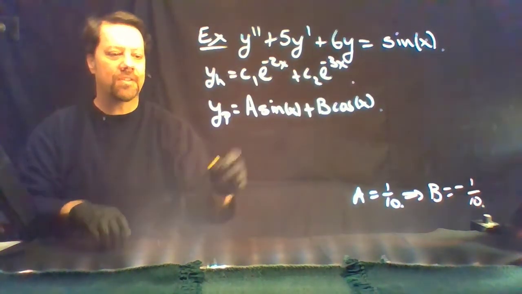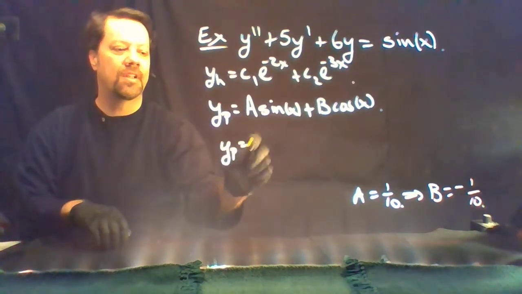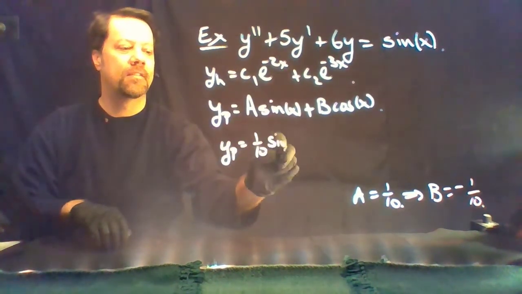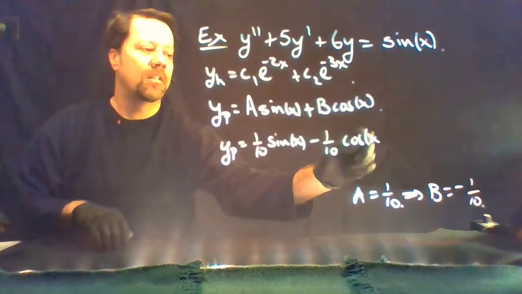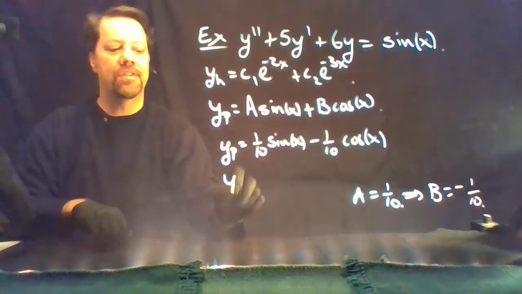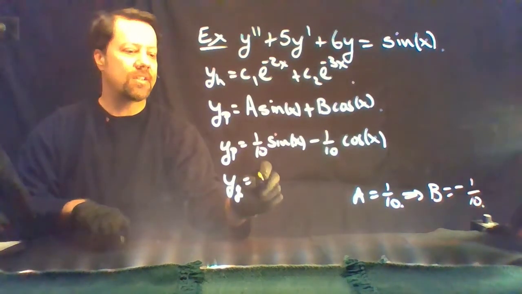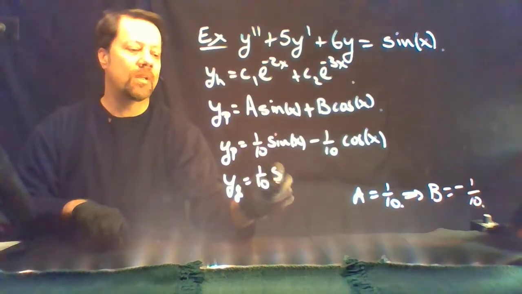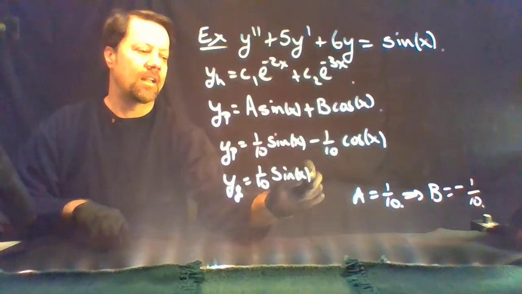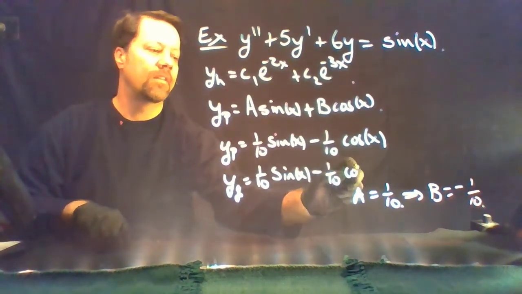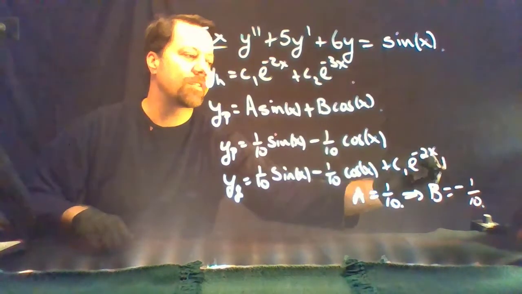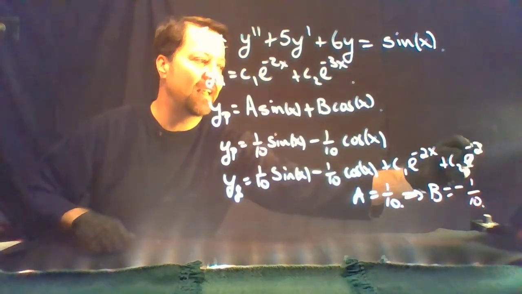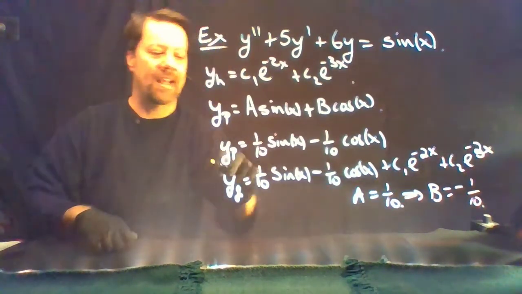It follows then that our particular solution is 1/10 sine of x minus 1/10 cosine of x, and then the general solution is the particular solution, 1/10 sine of x minus 1/10 cosine of x plus c1 e to the negative 2x plus c2 e to the negative 3x.